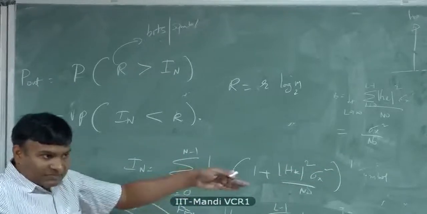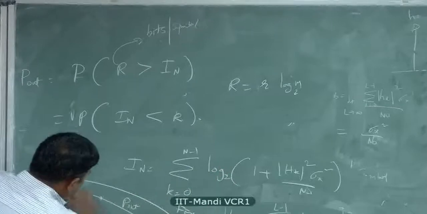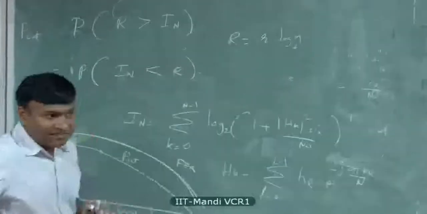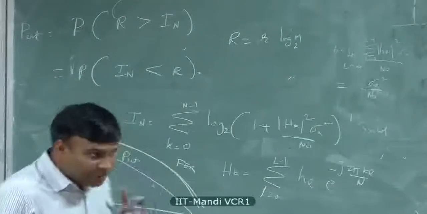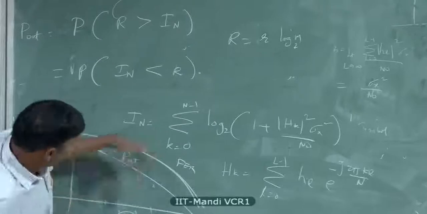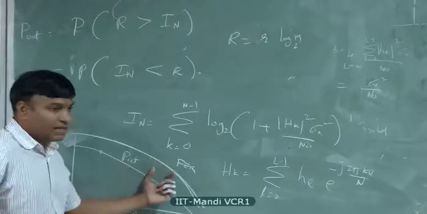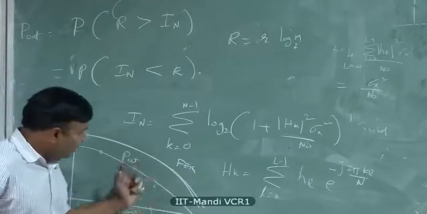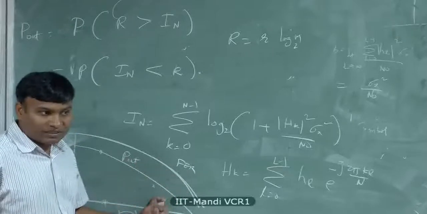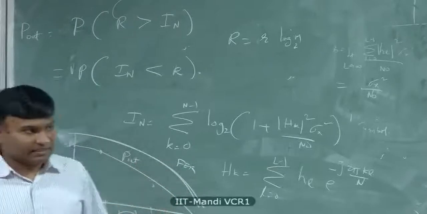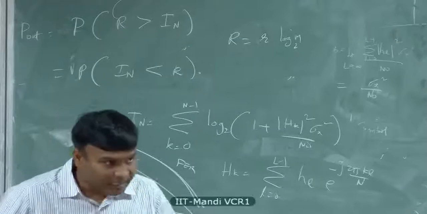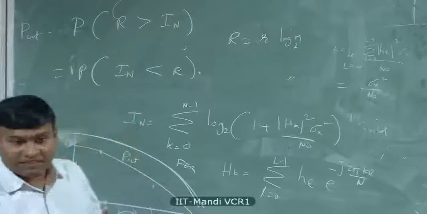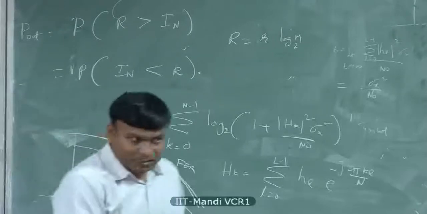A frame is a sequence of bits, and you get a frame error rate. It turns out that this outage probability is a lower bound on the frame error rate, and there may be a small gap, it's a bound. Both of them have the same slope, and the slope is called diversity order. This is if the receiver does not give any feedback to the transmitter.